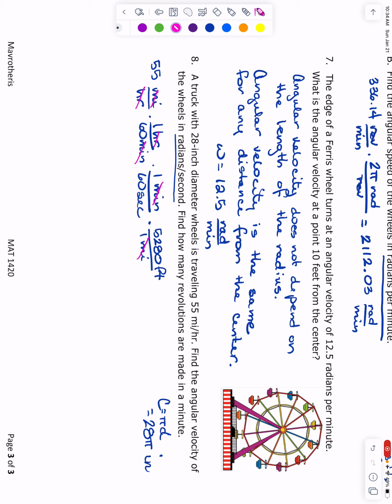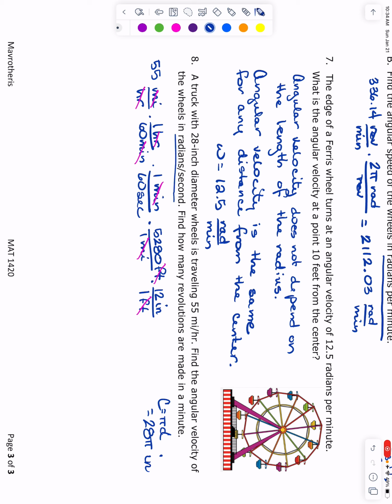So miles cancel. And then 1 foot in the denominator, so I can cancel those. 12 inches in the numerator, feet cancel. Right now I have inches in the numerator and seconds in the denominator. And I want angular velocity in radians per second.